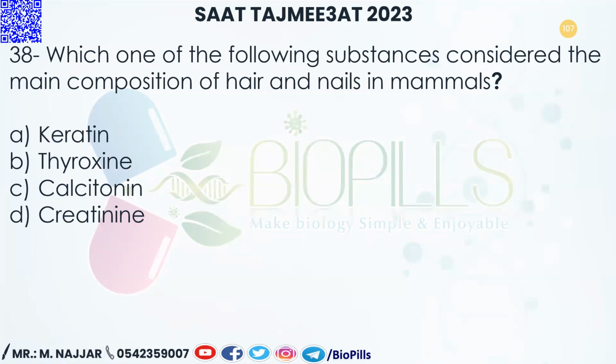Question number 38. Which one of the following substances is considered the main component of hair and nails in mammals? This is the question that came to you misspelled. It's keratin, not creatinine.